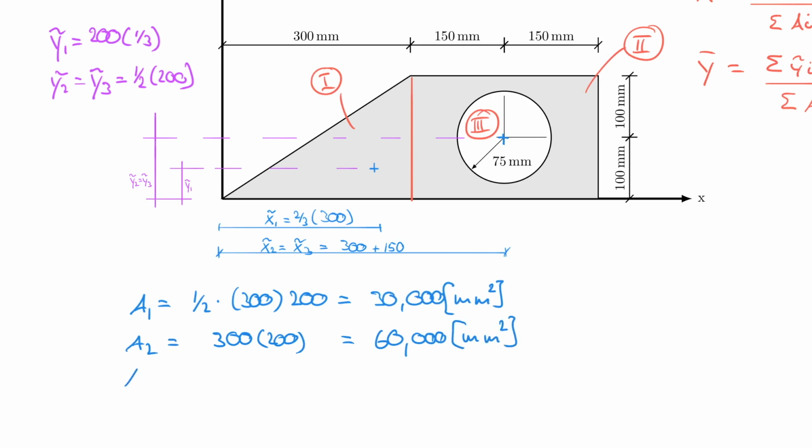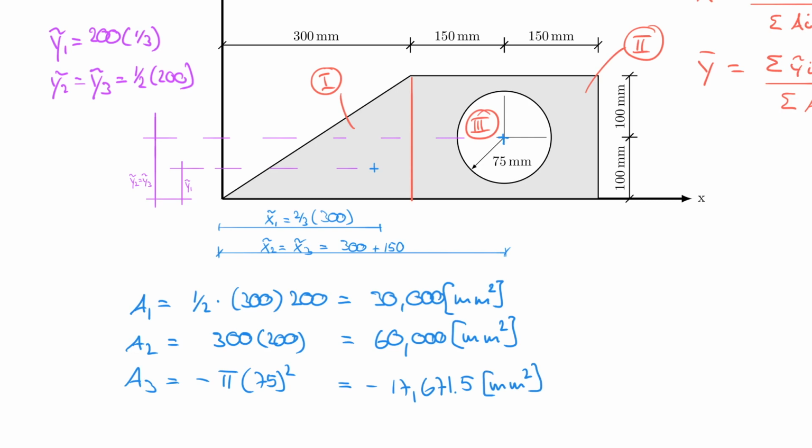And now be careful, because A3 is really a negative area because it's our hole. So pi r squared would be 75 squared. And that is a negative area of 17,671.5 technically millimeter squared. And now I almost have everything I need.